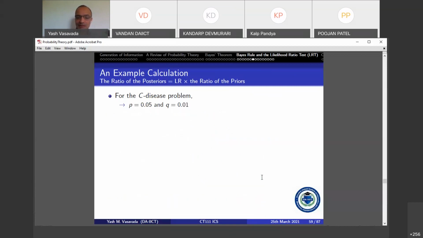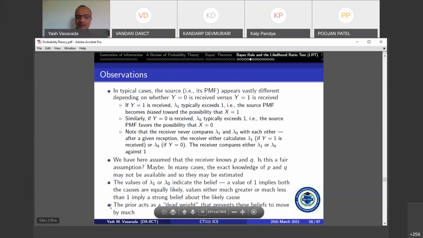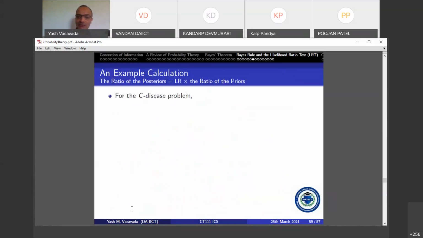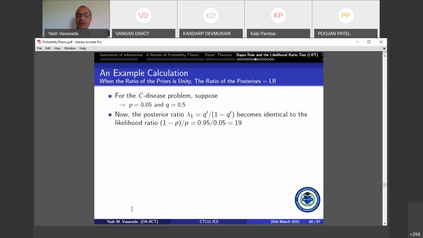That is this last sentence. The prior is kind of not allowing me to change my opinion too much. Whereas if the prior was equal, then I will just go by the accuracy of the test itself. And I will say that the test has 95% accuracy, and so I have 95% chance of having the disease.